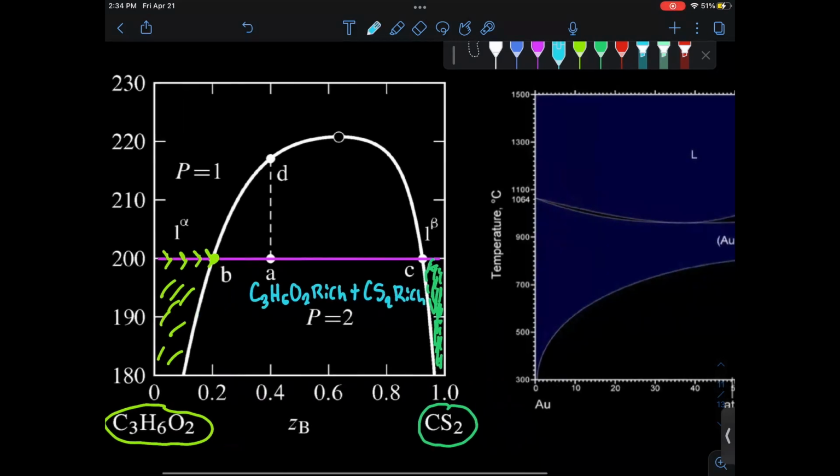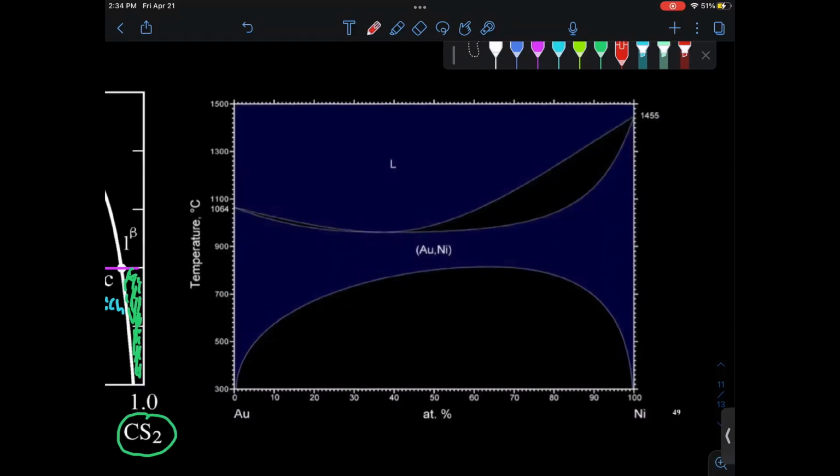Let's do one more. Over here, let's examine what happens at 500. We have a gold-rich solid here. We have a nickel-rich solid here. When we add in a certain percent of nickel, or we add in a certain percentage of gold, our solid phase separates.